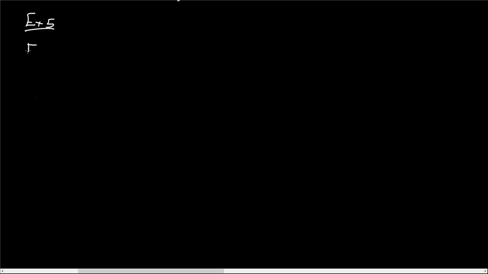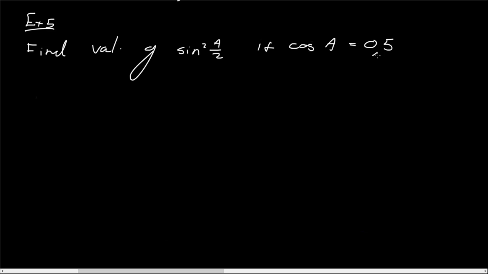Find the value of sine squared A over 2 if cos A equals 0.5. And they say no calculator. So, what are we going to do here?